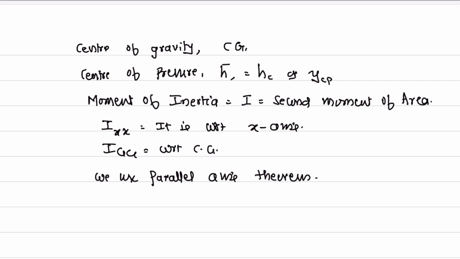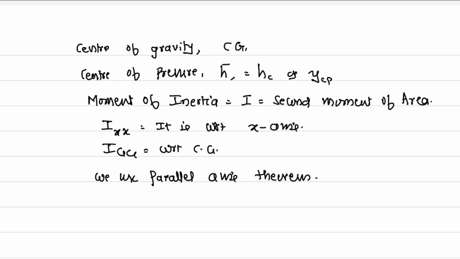This moment of inertia is one of the most important topics in engineering and requires a lot of attention. You should understand with respect to which axis the values of center of gravity and moment of inertia are taken.